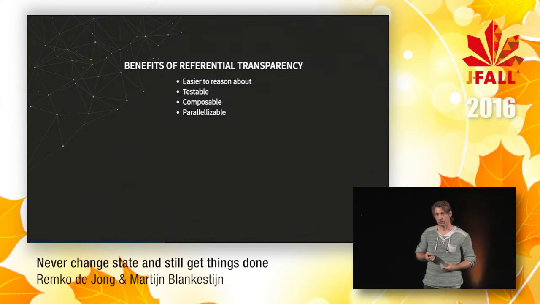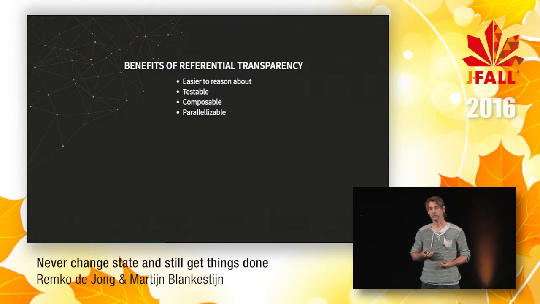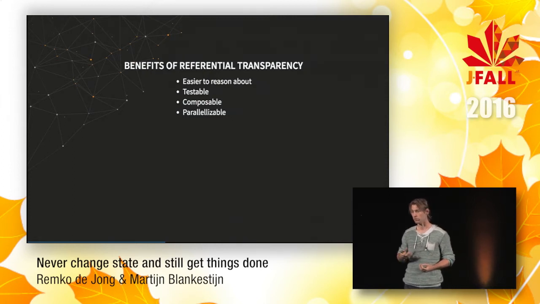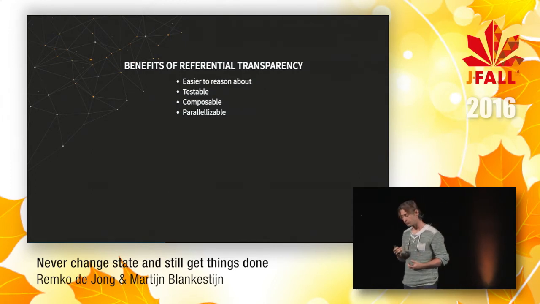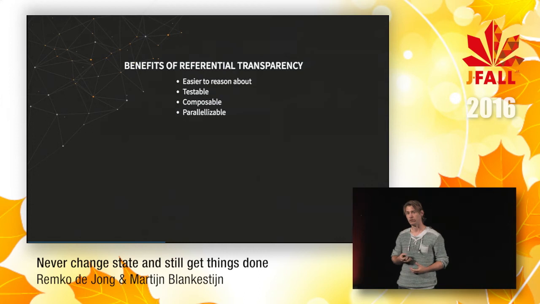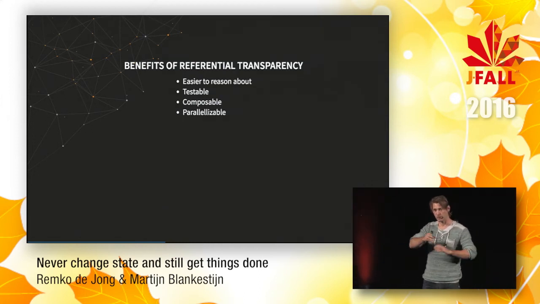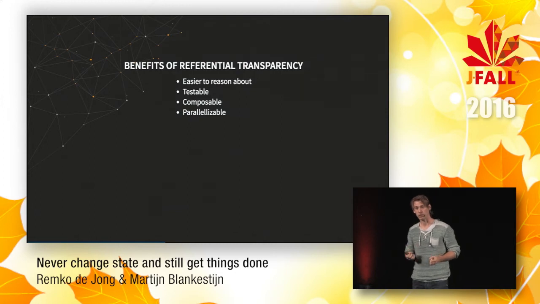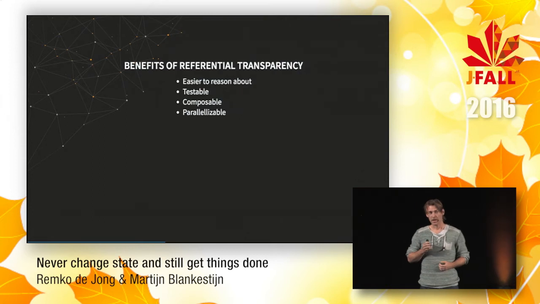Then it's very testable, because basically what you're doing is just a function. It's data in, data out. Nothing happens. You can call it once, you can call it twice, you can call it 1,000,000 times. It will always produce the same output given the same input. And the nice thing about these pure functions is that you can compose them, which basically means you can take a bunch of functions, combine them, and build other functions that do even cooler, more powerful stuff.